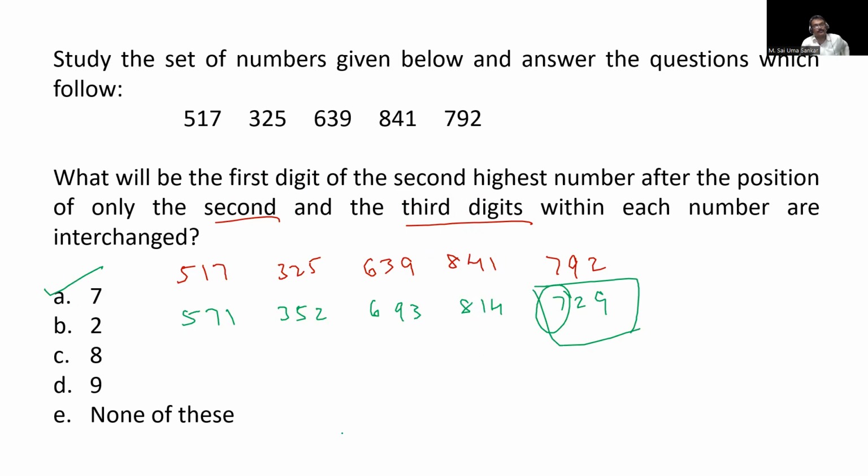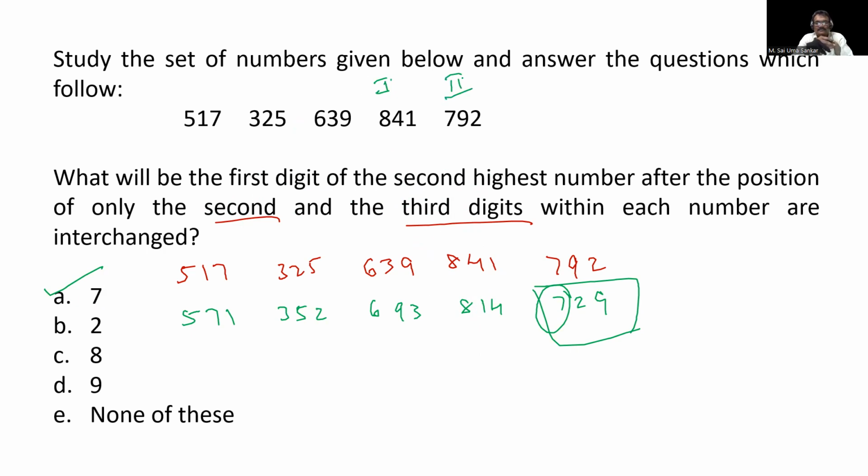Okay, now how to solve this question? If you observe, the second and third digits interchange. What we required is the first digit of the second highest, and your first digit is not changing. So obviously this is the first number and this is the second number, right?